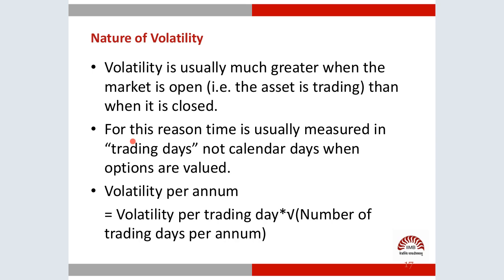But you will report volatility on a per annum basis, like everything else. You would want to report it on an annual basis so that it is comparable. So you calculate the volatility per trading day, and you multiply it by the square root of the number of trading days.